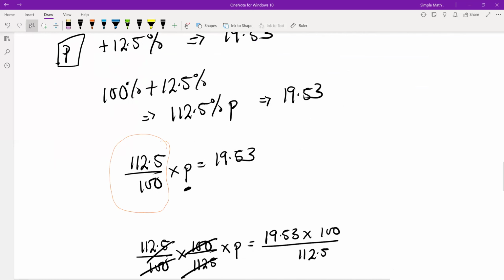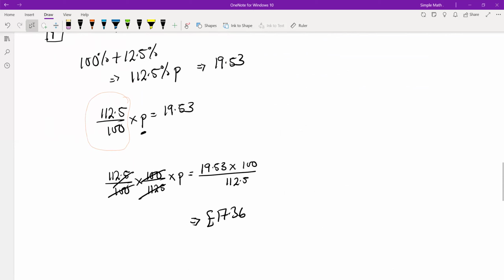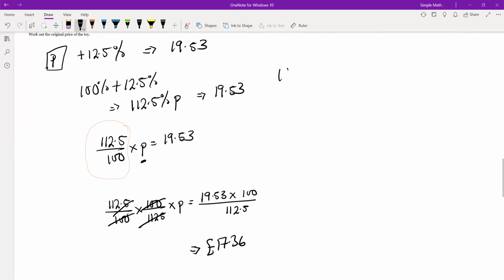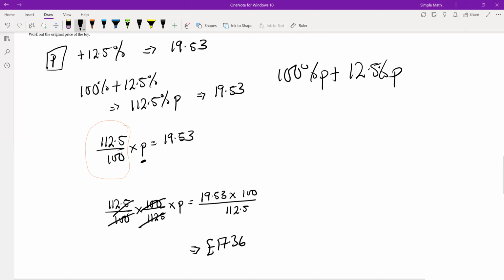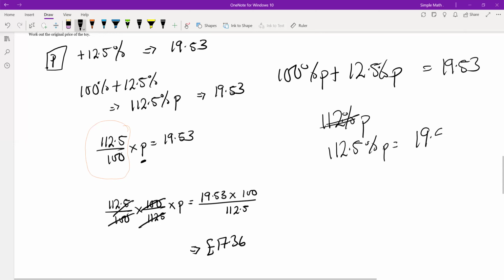Sometimes you could still do something like saying 100% of P, which is the original price, plus 12.5% of P, which is the increase, gave us 19.53, which is 112.5% of P. Then you just find P. You change this to a fraction and then you find P, which is what we've done here.